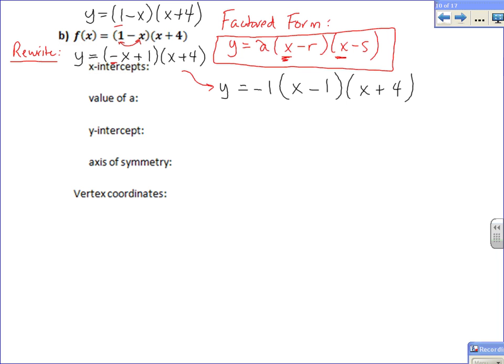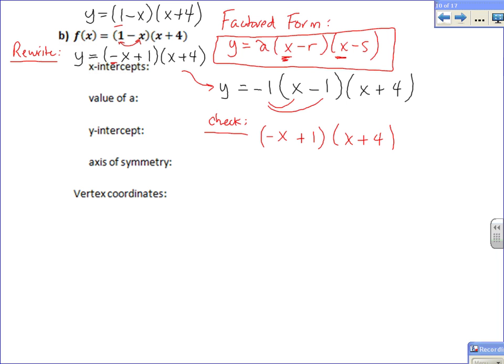If I wanted to work backwards and do a really quick check, I could multiply that -1 back in. Let's just expand this and see. That would give me negative x, and -1 multiplied by -1 is +1. So that would give me this again, which is exactly what I had.